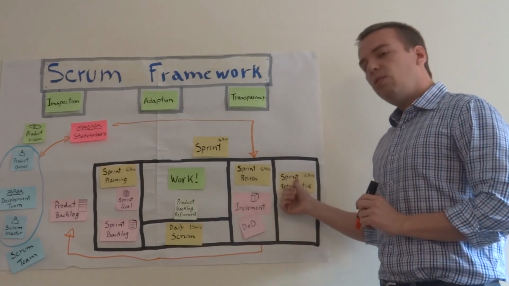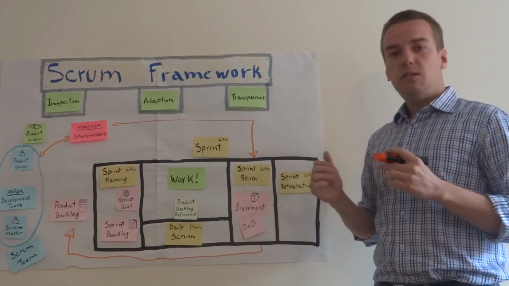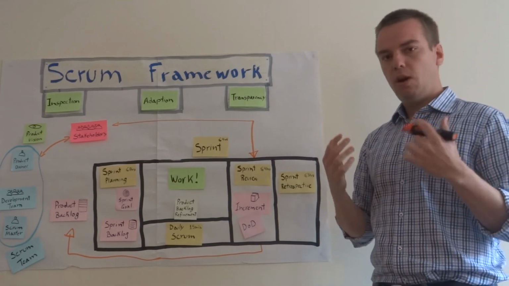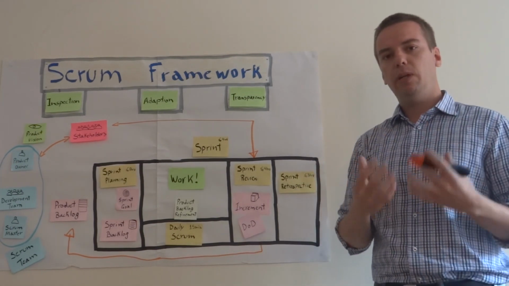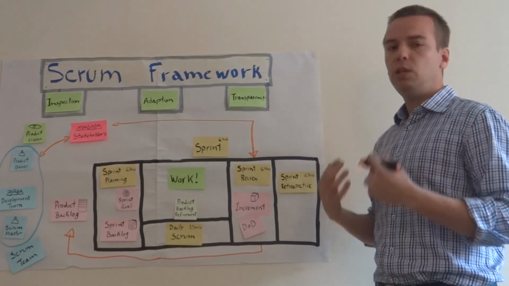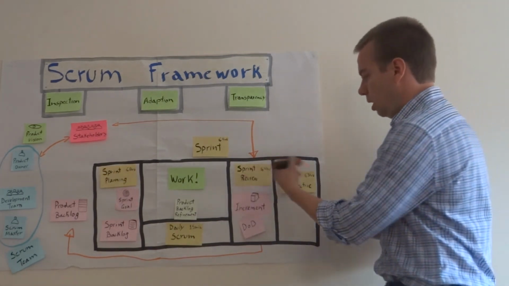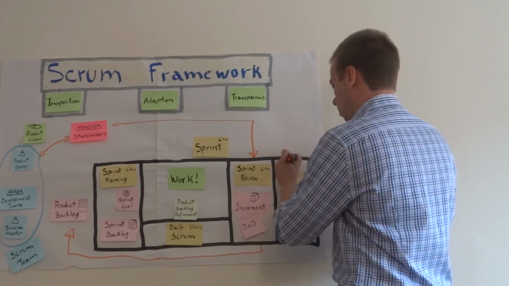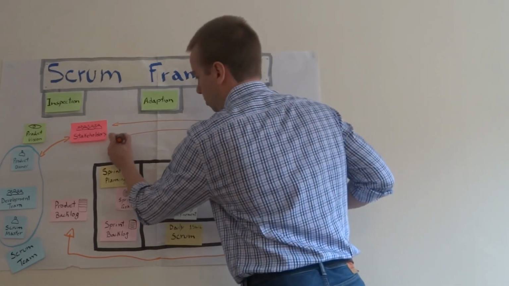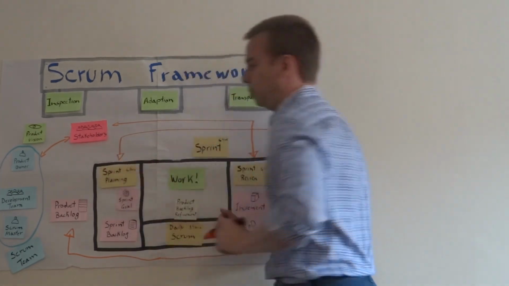And the outcome of this meeting is actionable items or experiments that the team agreed to put in place to continuously improve our process. And this will also be an input for the next sprint planning.